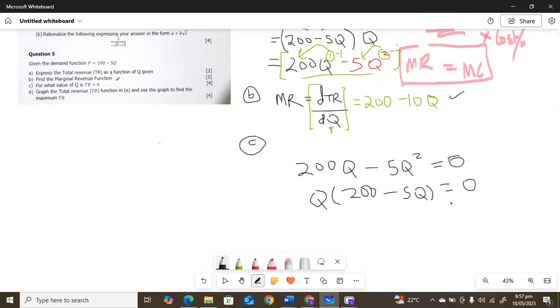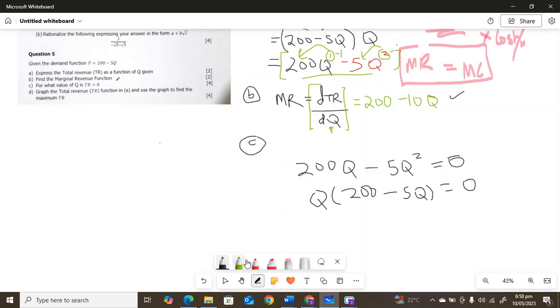Okay, remember, colleagues, if you have a quadratic equation where there's the squared and just the power one, this is what you usually do. Factorize. Then when you factorize, you use the zero product rule.